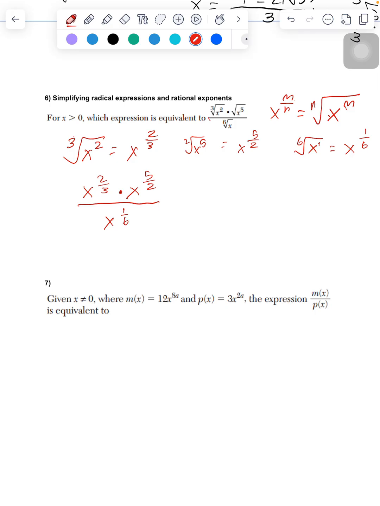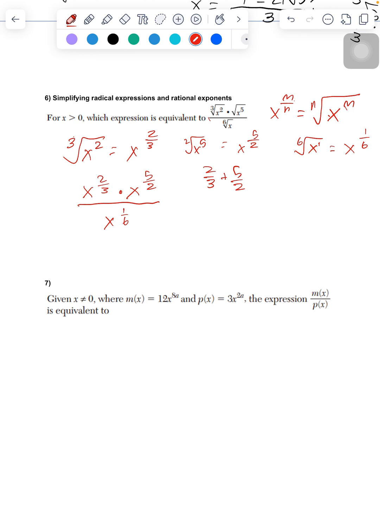All right, so when you multiply the same base, remember you're adding the exponents. So we're adding 2 over 3 plus 5 over 2. We can't do this yet, we need a common denominator. And the common denominator for that 3 and 2 is 6.